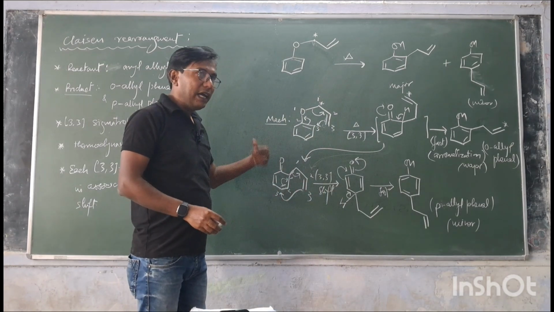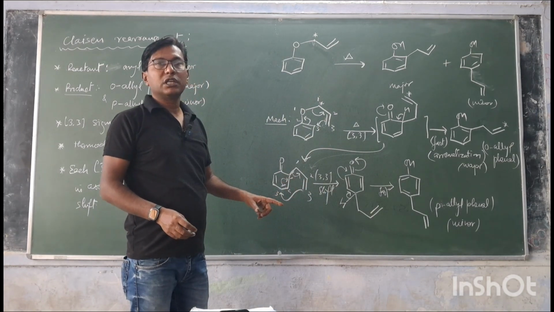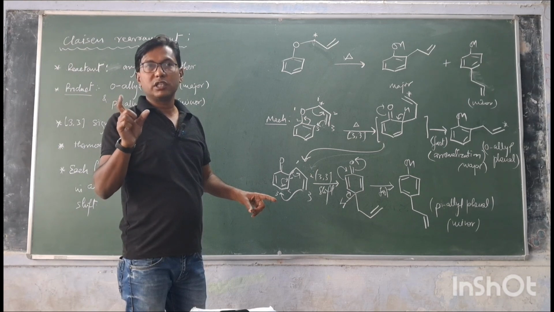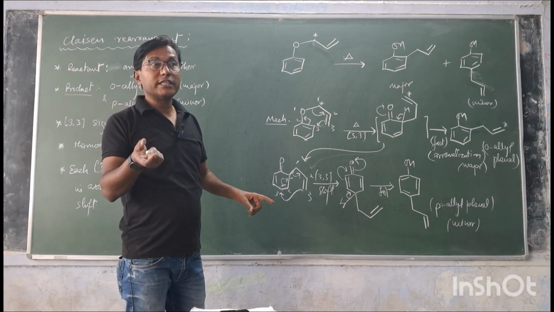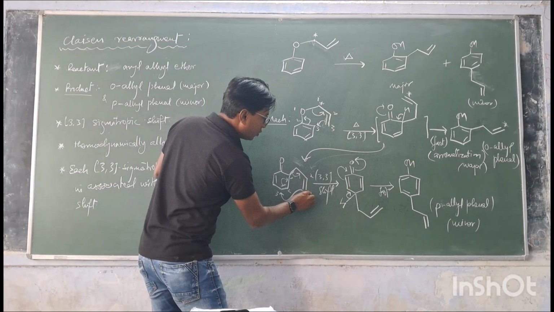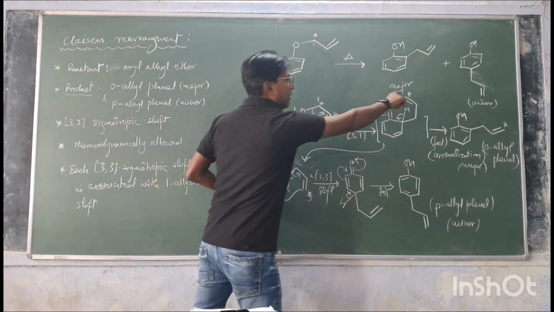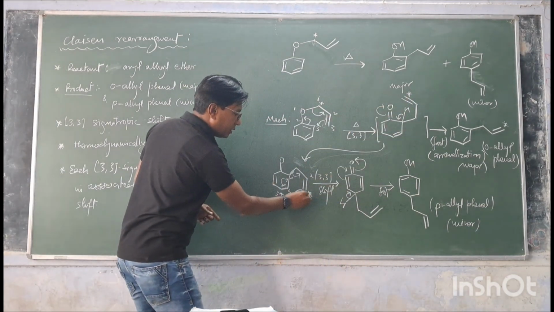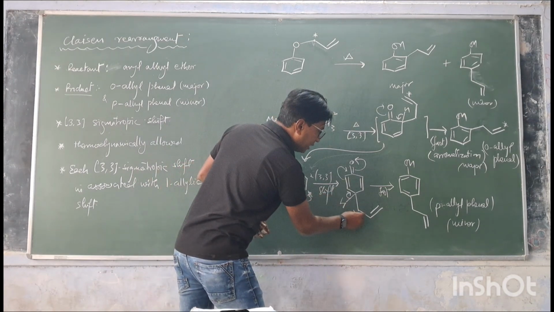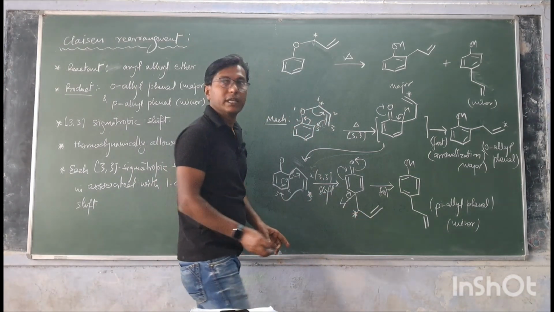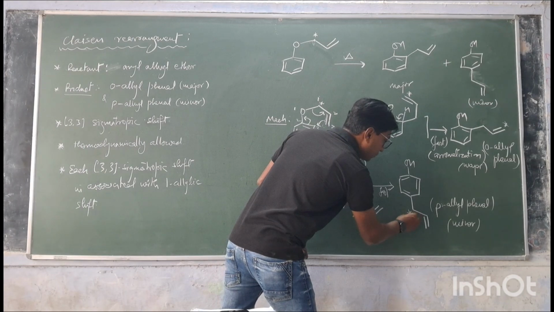But while talking about the para position, when the 3,3 sigmatropic allylic shift takes place twice, the labeled carbon is present over here. This is going to be attached over here. Therefore, the labeled carbon comes over here, and the labeled carbon comes over here.